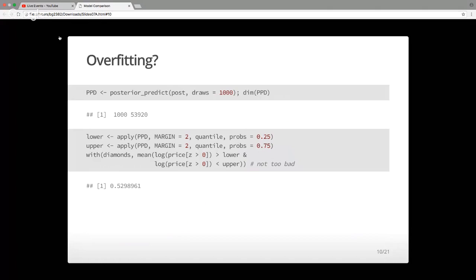So you can, but it's definitely not required, split your data into training and testing. If I had split into training and testing, and then I made the predictions in the testing data, and then took their 50% intervals and counted up the proportion of times that I got the testing observations in my 50% intervals, it would probably be like 47, 48%, because I overfit in the training data a little bit.